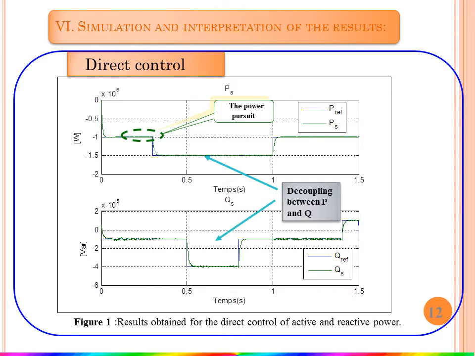Simulation and interpretation of the results. We started with the direct control. Figure 1 shows the direct control of active and reactive power. We have the power tracking in active power and the coupling between P and Q, active and reactive power.